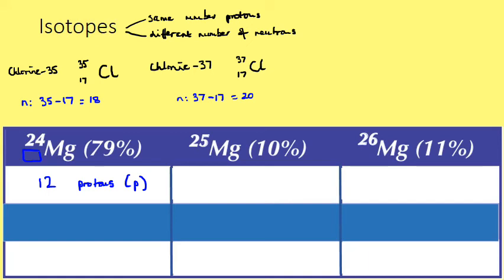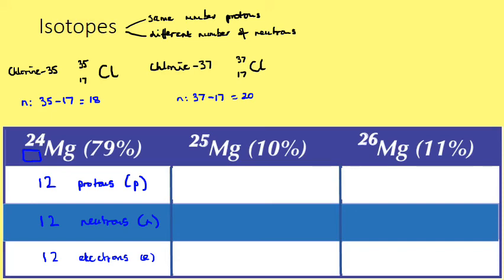In terms of neutrons, 24 is the mass number, so 24 take 12 is going to be another 12 neutrons, and it's a neutral atom, so there are going to be 12 electrons. So that's the isotope 24 of magnesium.